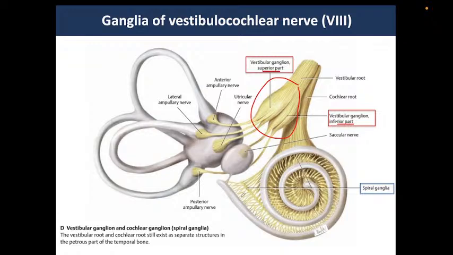But the ganglion inside the cochlea has quite an interesting spiral shape, and so we call it the spiral ganglia, and they join together and form the vestibulocochlear nerve.